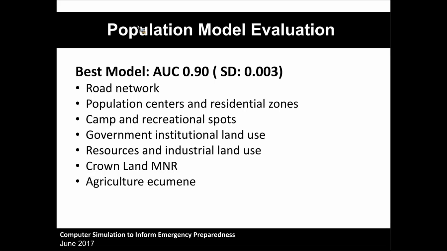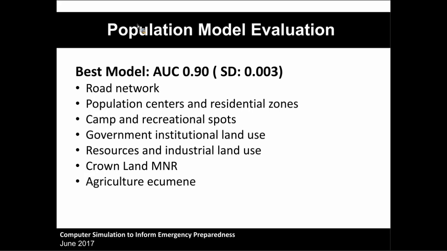To validate the model, we went to OMAFRA and talked to the premise registry section, and they helped us out with some anonymous data that gave us the actual location of the premise registry data, to say here are the actual locations and here is your model, and now you can compare and see which model works better. The model we preferred had a very high area under the curve.